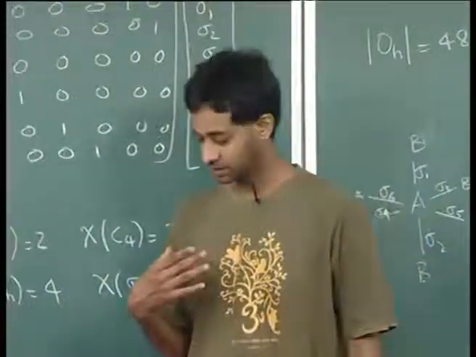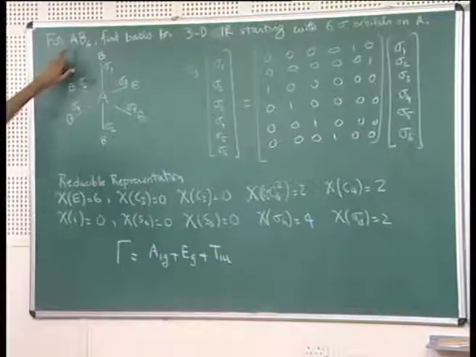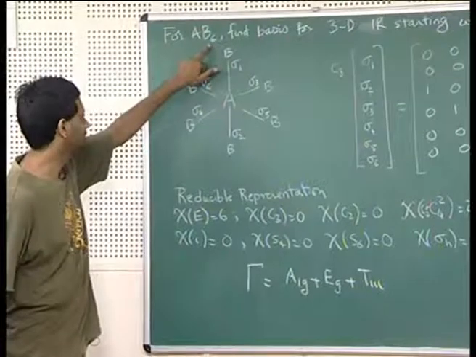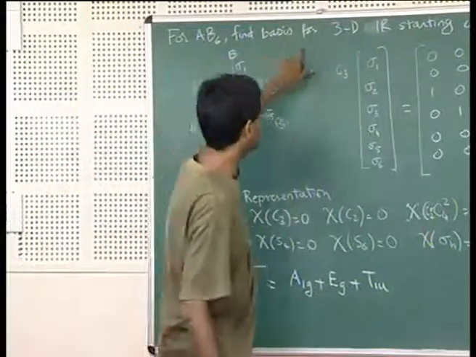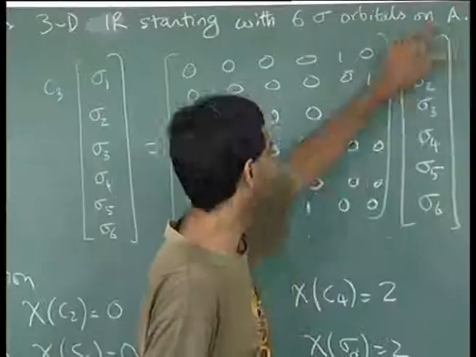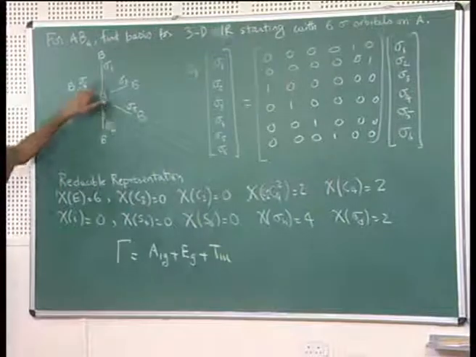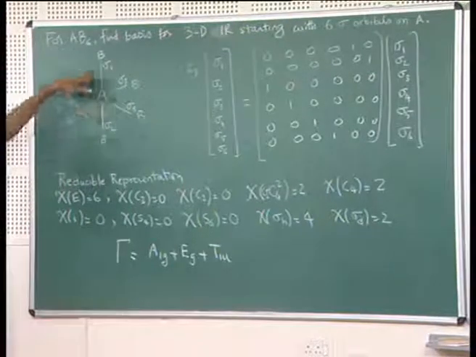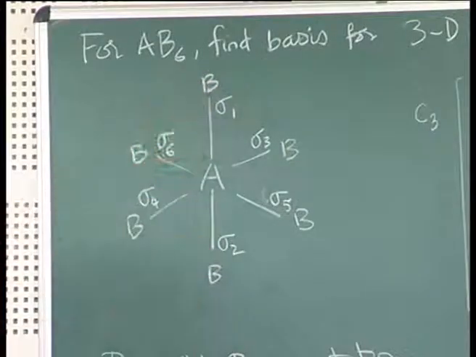So, the statement of the problem: for an AB6, meaning an octahedral AB6 molecule, find the basis for a 3-dimensional irreducible representation starting with the 6 sigma orbitals on A. The A atom is bonded by 6 sigma orbitals. 4 are in this plane and 2 are in the plane of the board.